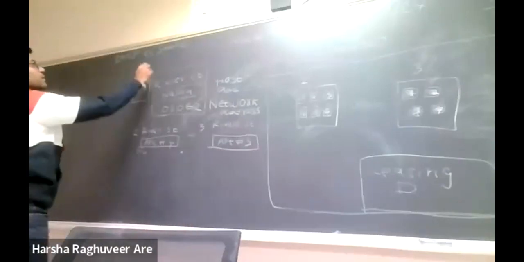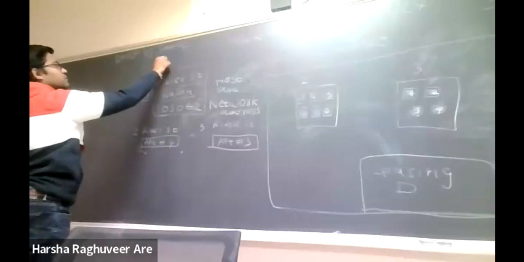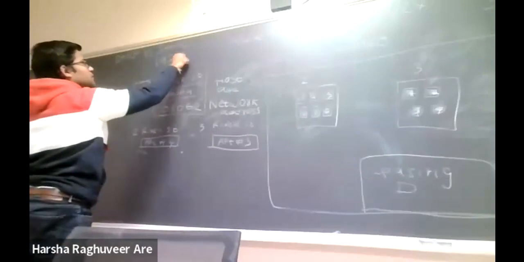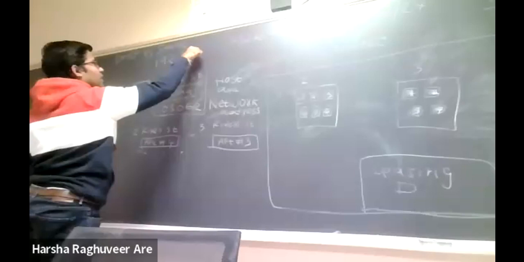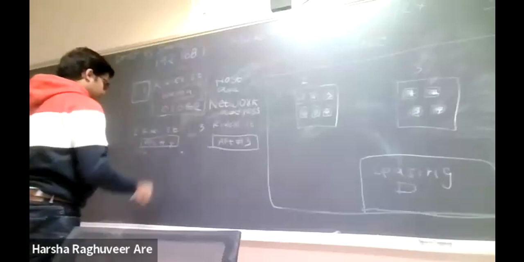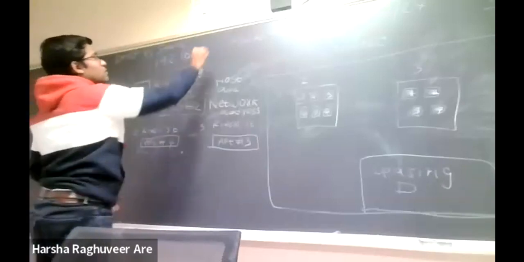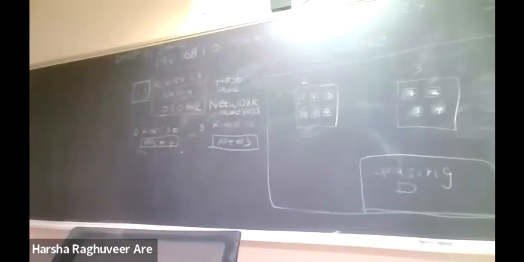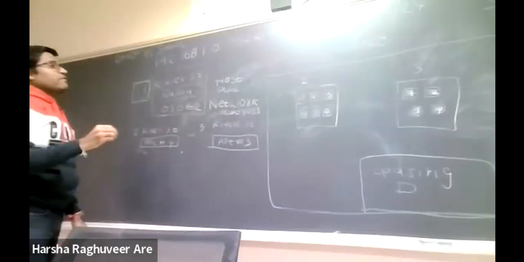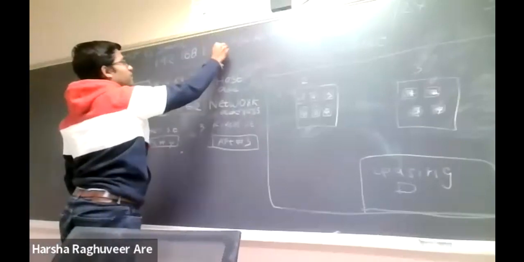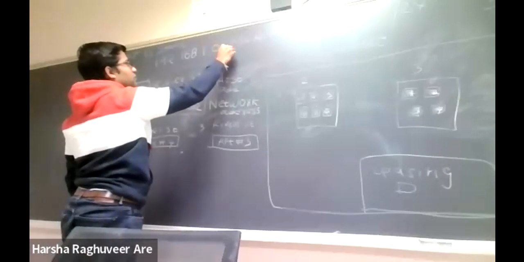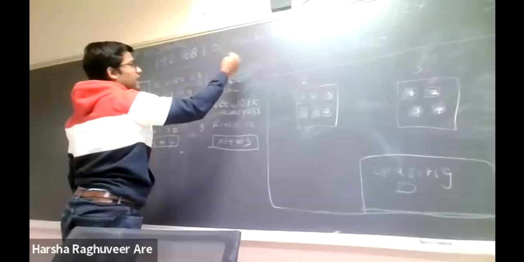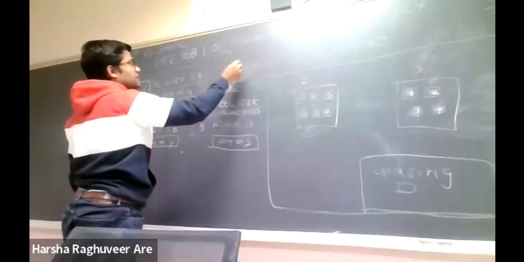So I'm picking 192.168.1.0. That's a network address. Every network address will come with a subnet mask like /24 or /31 or /16, /17.